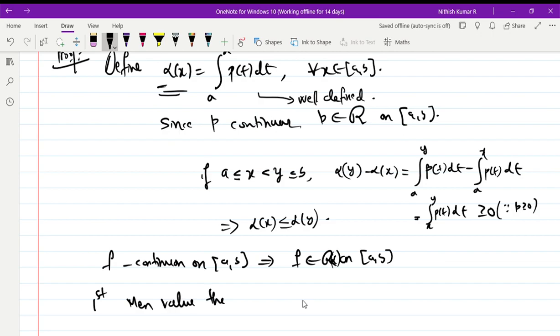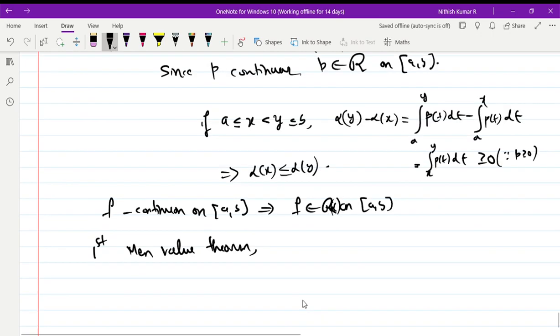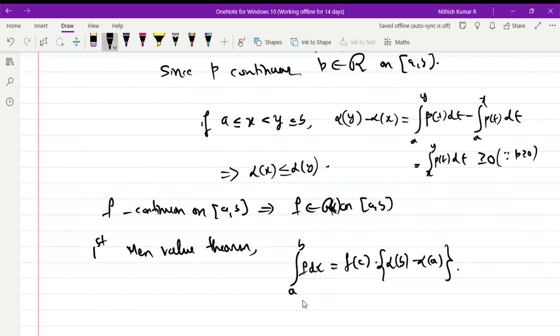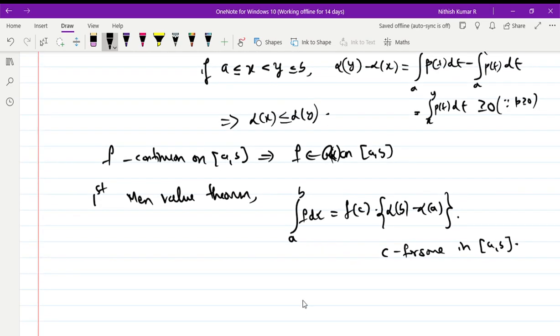Then, using my first mean value theorem for integral calculus, the integral from a to b of f d alpha is equal to f of c times alpha of b minus alpha of a, where c is some point in the closed interval [a, b].